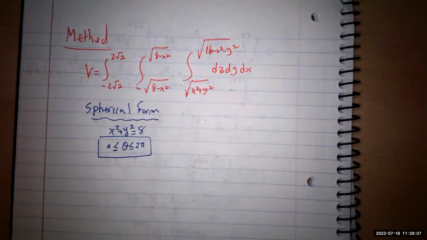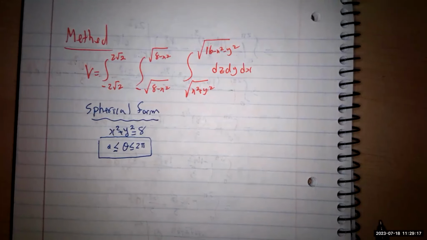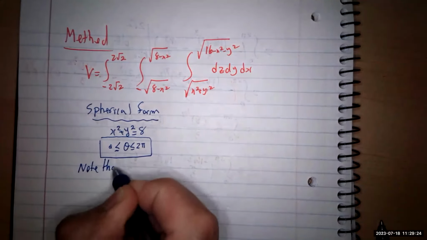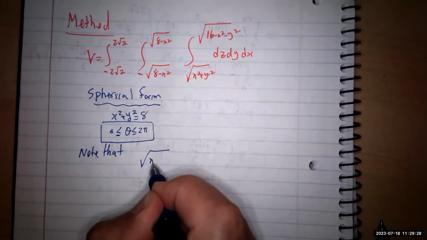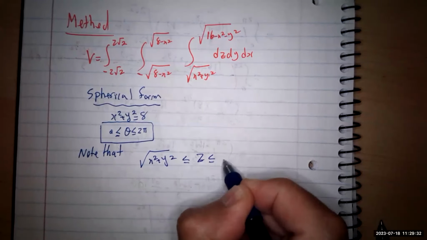Remember, for the rho, and the range for the phi. That the polar form only gives you the theta. So we check to see what is the situation that we're going to have. So note what is your case with the z. So the case with the z, again, this is the z.